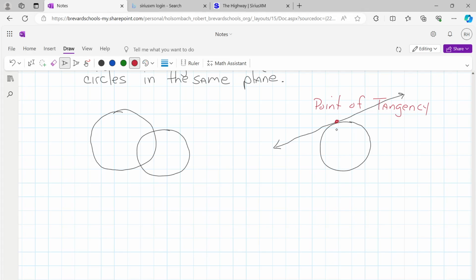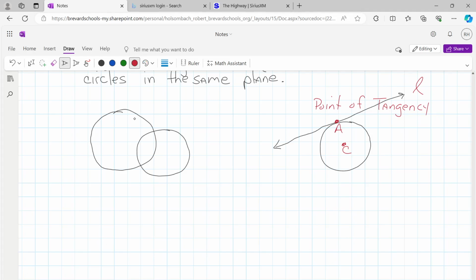All right, so if we label this point A and the line L, we could say that line L is tangent to circle C at point A.